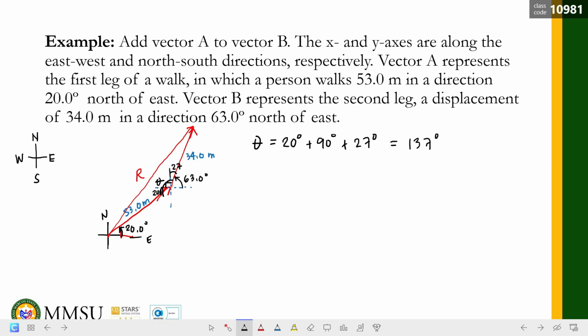Okay? And then, since given yung dalawang sides natin, we can solve for R using the cosine law. Diba?